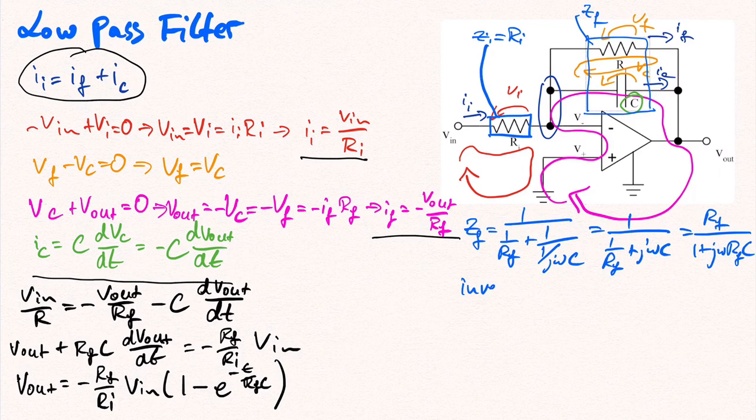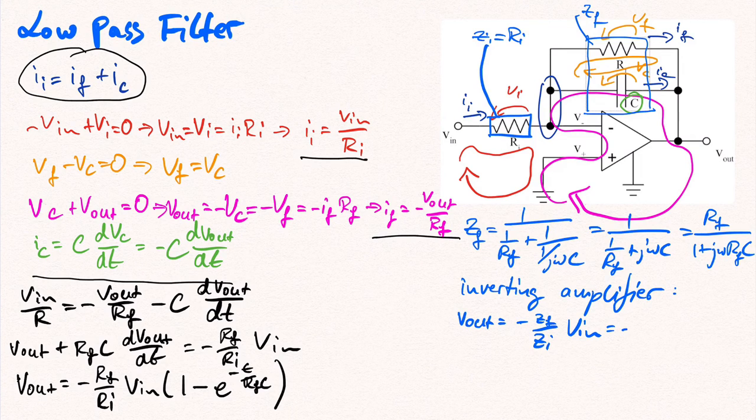Now we can again use the formula for the generalized inverting amplifier. It gives that Vout is equal to minus Zf over Zi times Vin. Substituting Zf and Zi gives minus Rf over 1 plus j omega C Rf, divided by Ri, times Vin.